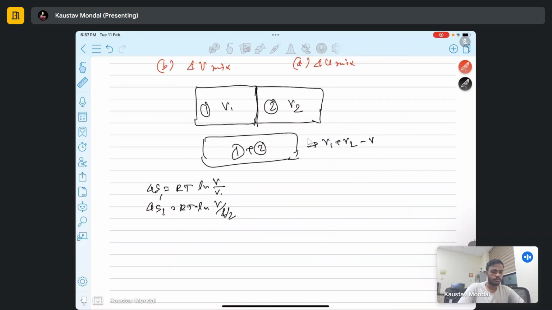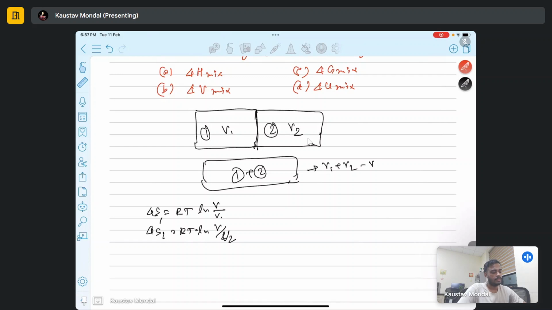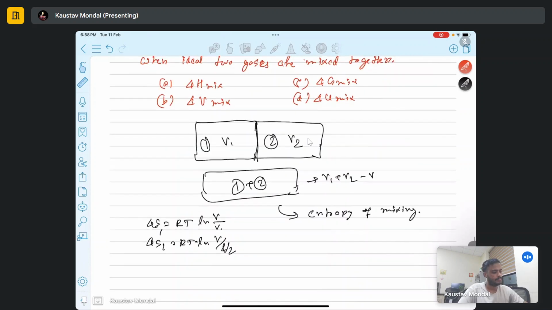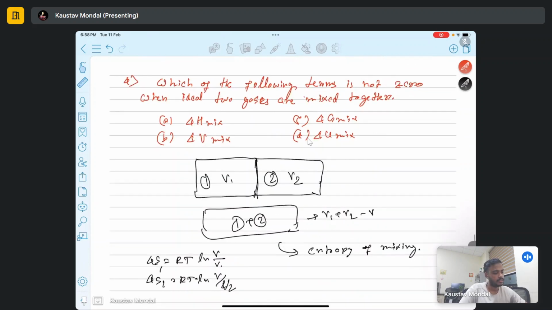If you consider this kind of system and you mix two kinds of gas, there will be a change in the entropy, and that is known as the entropy of mixing, right? And one more important thing noticed here is that it's called an ideal gas.